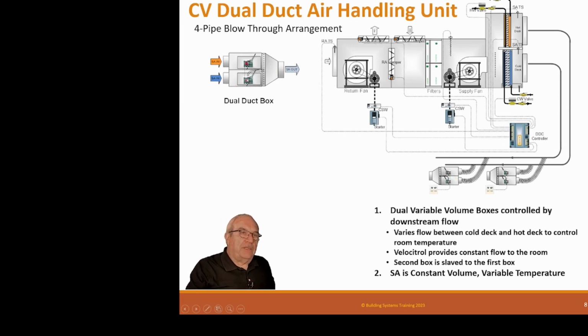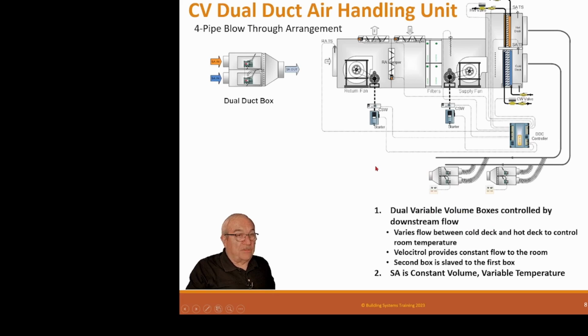Now, in the beginning, these were pneumatic, and they had one pneumatic actuator, and the dampers were attached to the same shaft. So if the cooling valve was open, the heating valve was closed. If the heating valve was open, the cooling valve was closed, or anywhere in between, it was proportional. And these work really, really well. So the dual duct box is controlled by downstream flow.